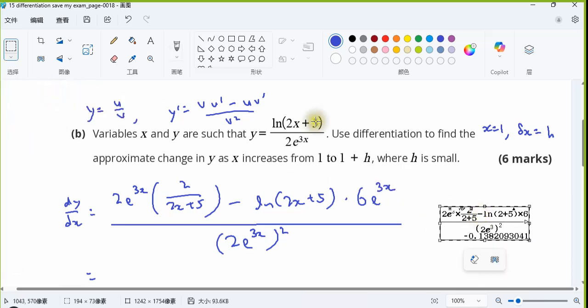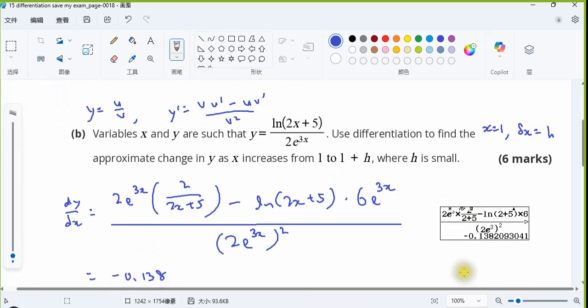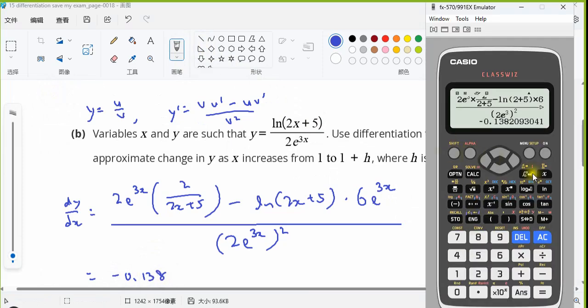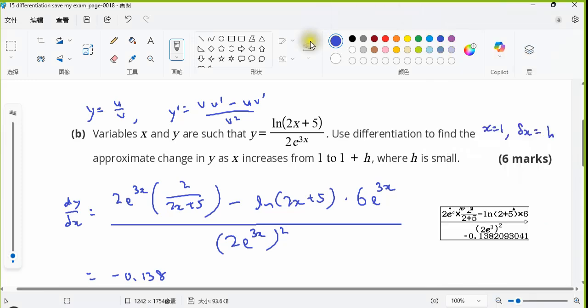Okay, so this is negative 0.138. Or we have the differentiation of ln(2x plus 5) over 2e^(3x) when x equals 1. Yes, same.